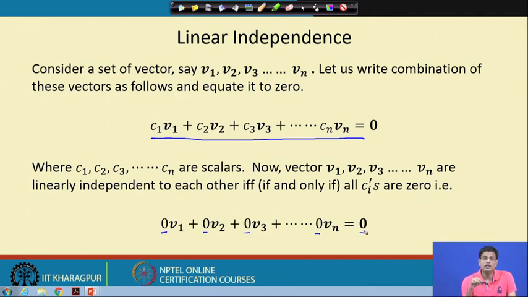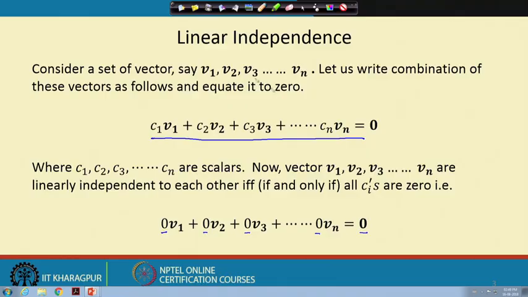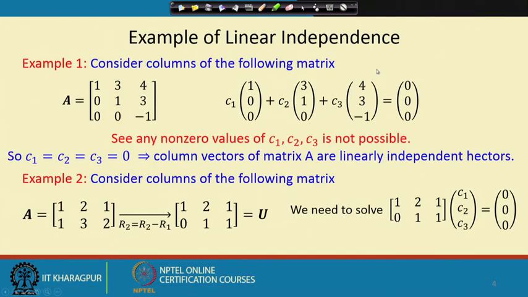That means there are no other possibilities of non-zero Ci's such that this combination will make it 0. We will see through an example what this means.